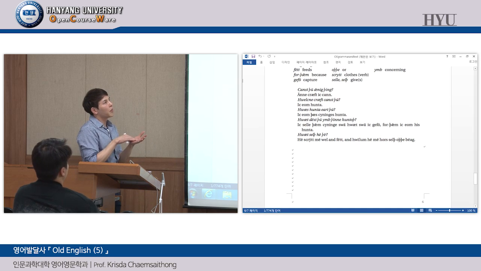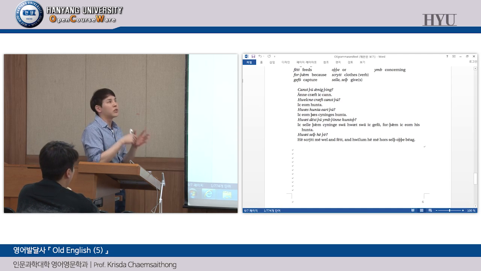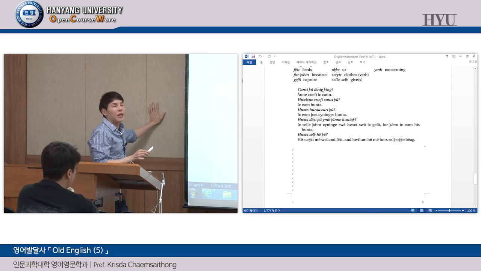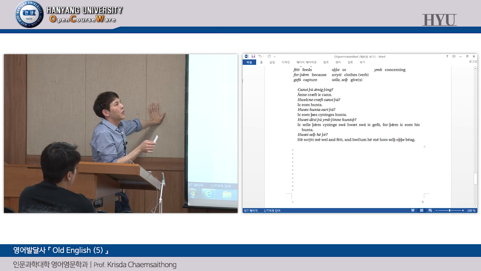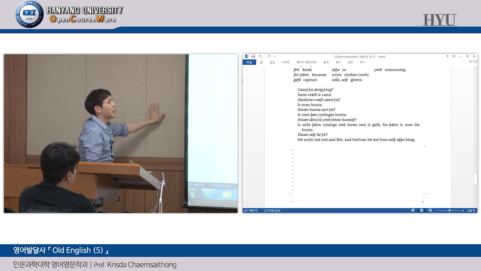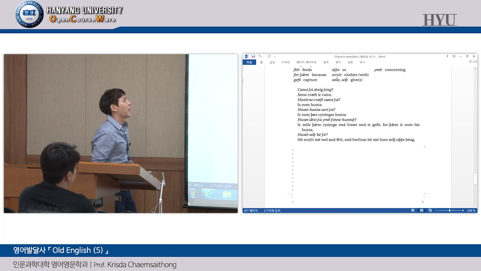NE here is probably accusative, adjective, right, accusative, you have to conjugate, which is like determiner, you have to conjugate it. Which craft can you? So can is ST ending, right, ST, second person singular. So which craft can you, meaning which craft can you do? In modern English, which craft can you do?